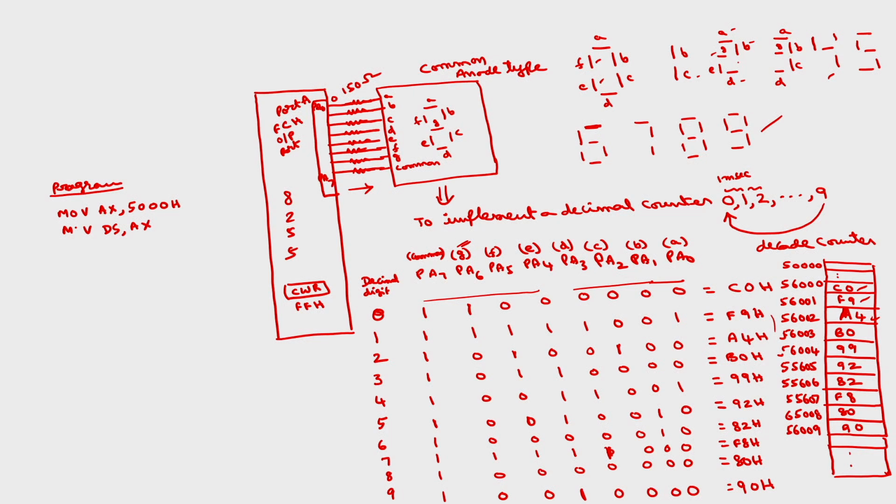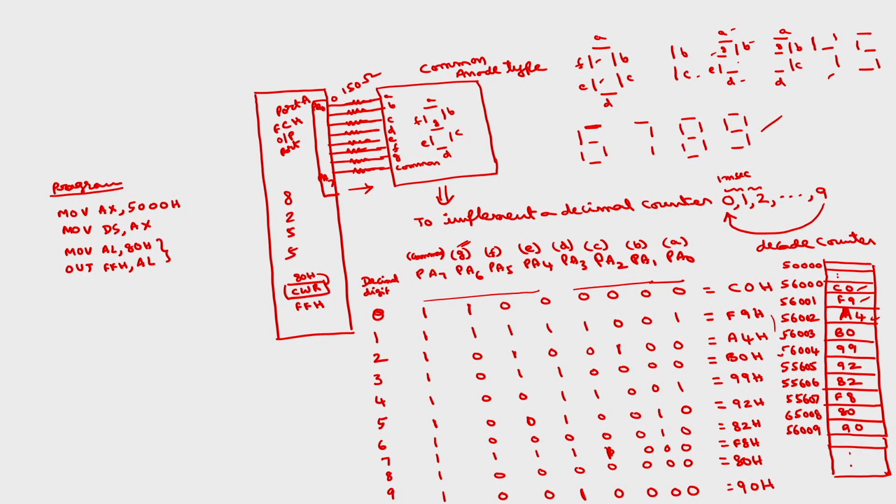The remaining ports we are not using, and we have already learned in earlier classes to program all the ports in mode 0 as output ports. 80H is the control word. We load 80H into the control register, which programs all the ports as output ports in mode 0. So the instructions are move AL comma 80H, out FFH comma AL. These two instructions will program all the ports as output ports in mode 0.